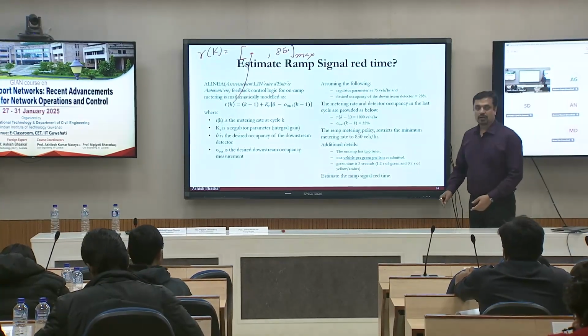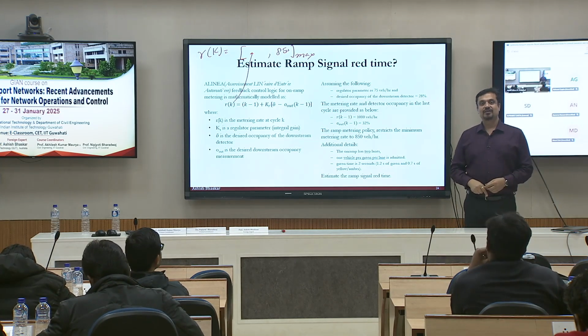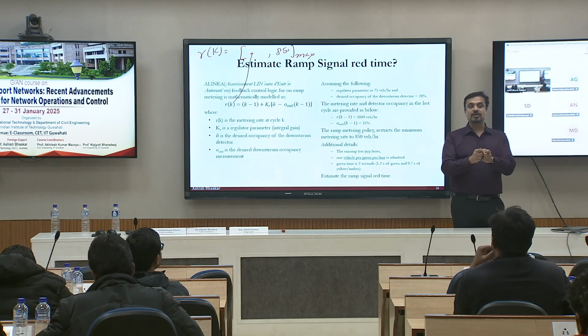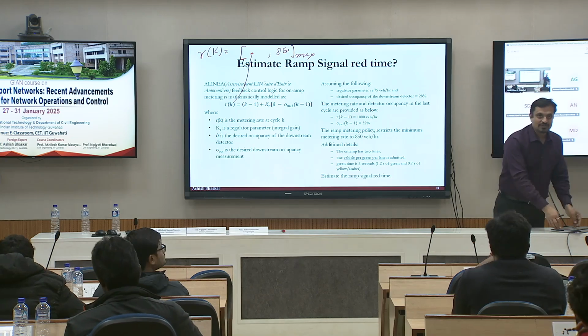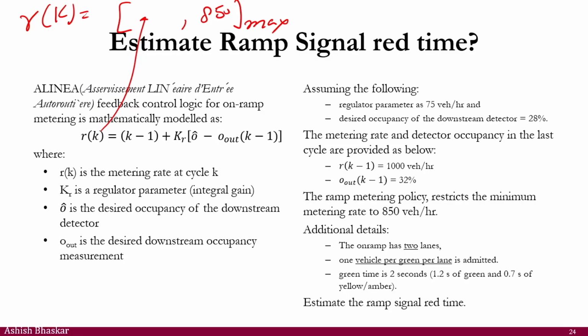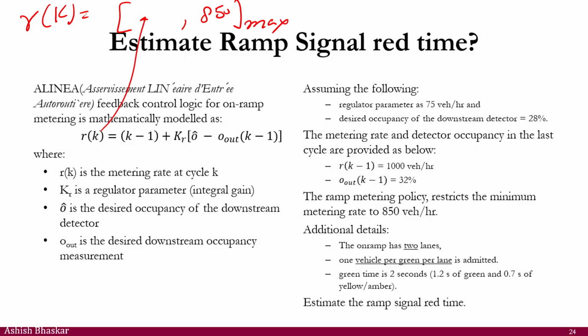I showed you a plot where occupancy was changing. That is the occupancy you are observing from downstream, and downstream means downstream of the merge area. If you remember, it is always downstream of the merge area. What is the merge area? I'm just going to open the slide.